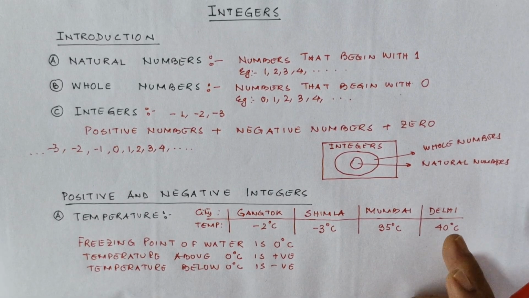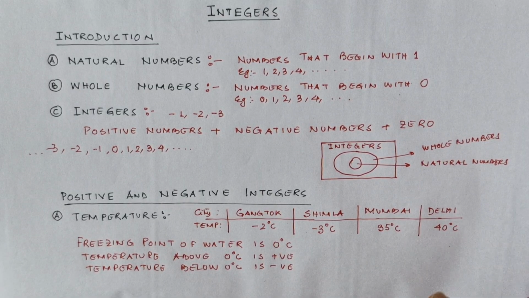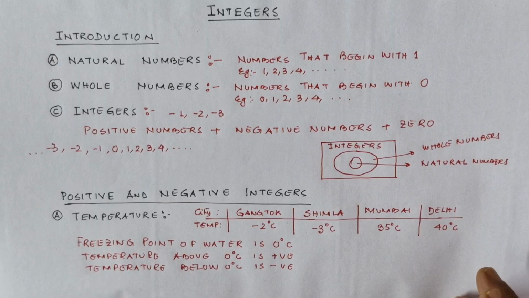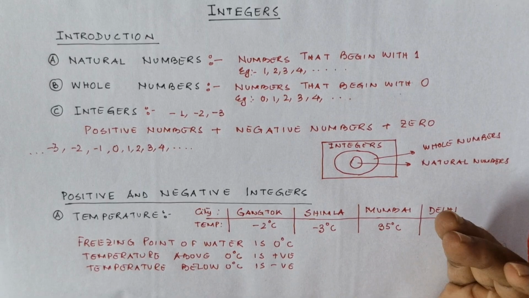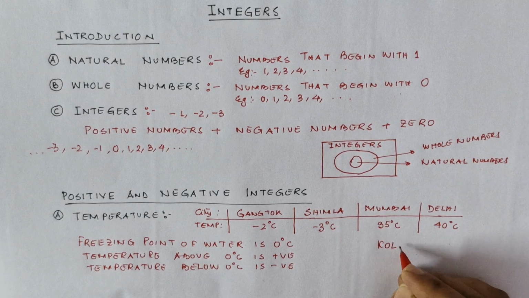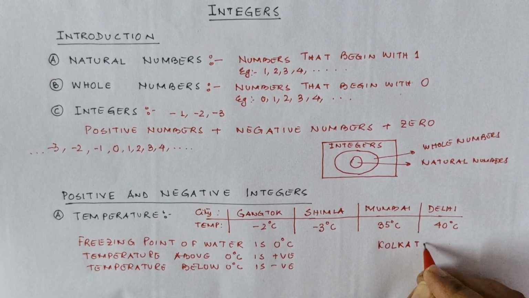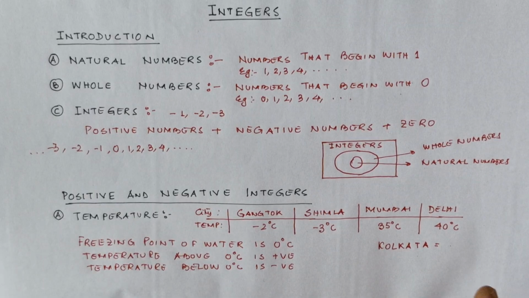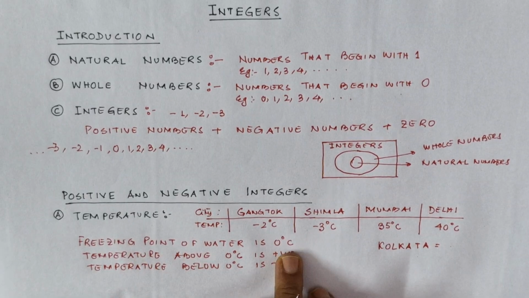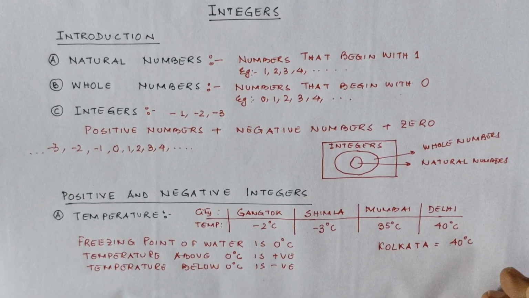Let's say somebody tells you that the temperature of Kolkata is 40 degrees above the freezing point of water. How can you represent it? 40 degrees above the freezing point is positive, so we can write 40 degrees centigrade.